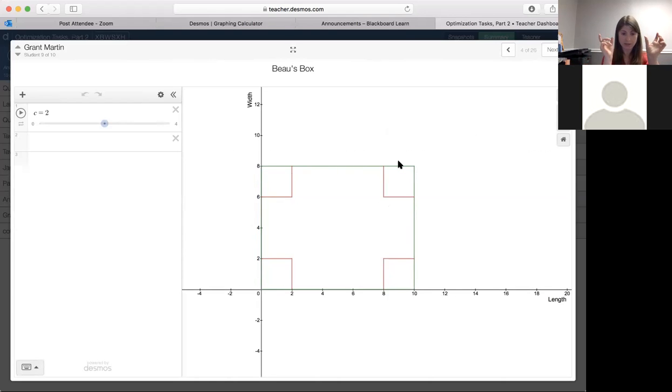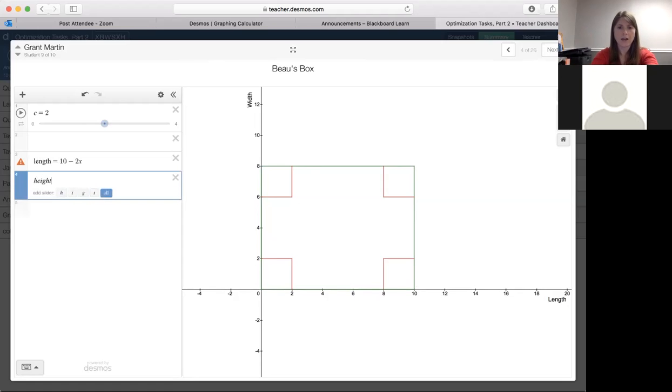You chopped out x and x. So I'm just going to type in here so that we keep track of that. That length part that we're coming up with is taking that 10 and chopping out an x and an x, focusing on the bottom dimension. So the part in the middle that's left for the length is 10 minus 2x.